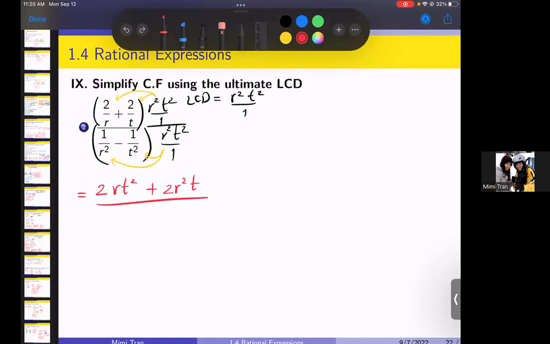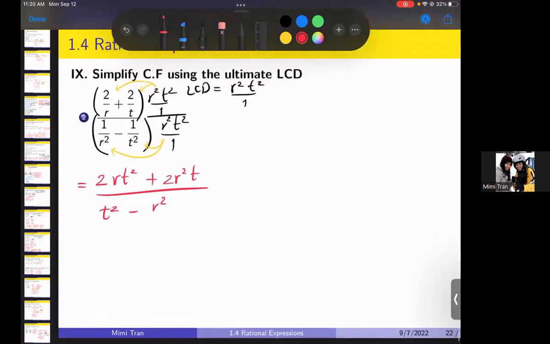Cover that. What you got? Yeah, t squared. You can cover your finger. So t squared, and then minus r squared. That's it. If you doubt yourself, you go ahead and write it out, right?